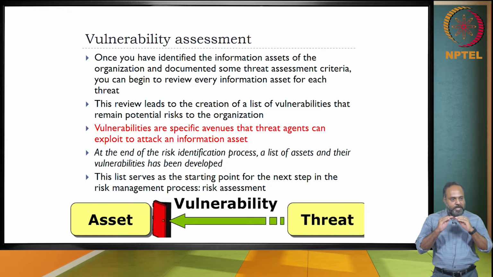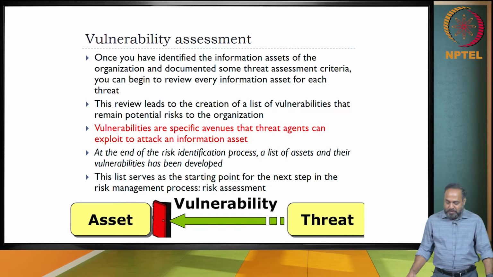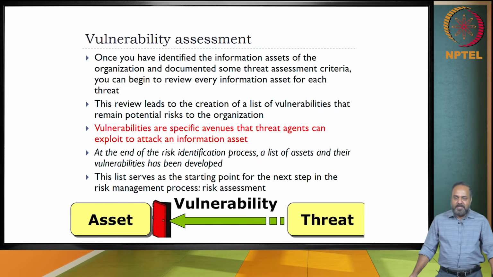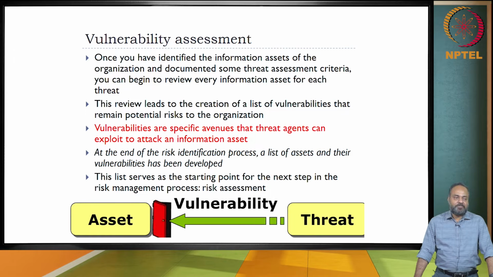Now we have gotten into the micro detail of risk assessment at a threat asset level, or asset threat level. Okay. So vulnerability is something that you assess at each combination of asset and threat. When you consider these two together, what is the vulnerability? Okay.